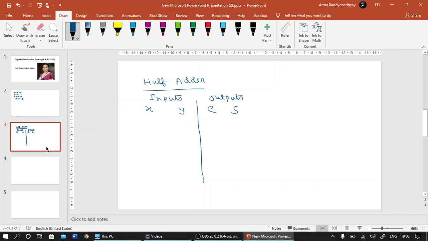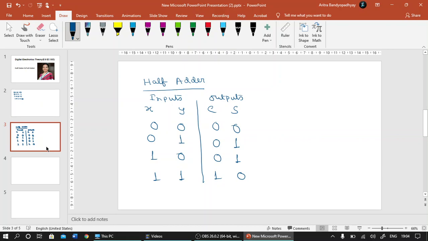So if we write the truth table, it will be like this. The carry output is 0 unless both inputs are 1. The S output represents the least significant bit of the sum.